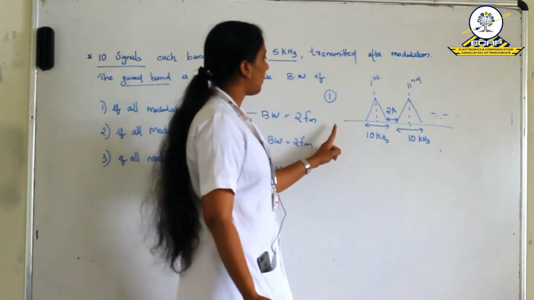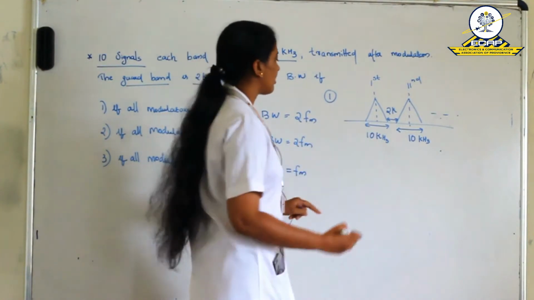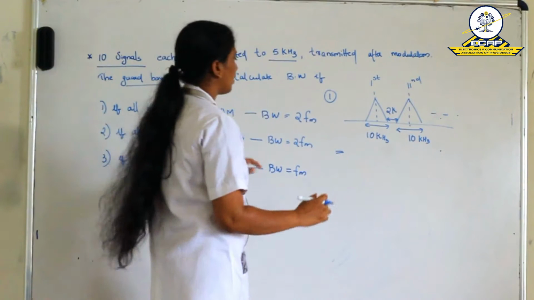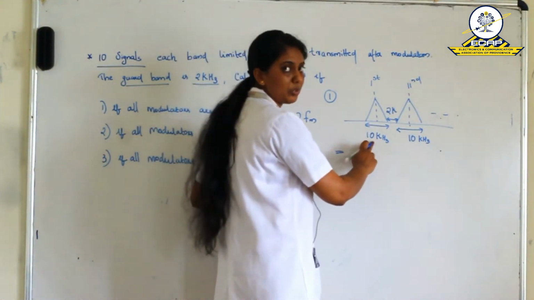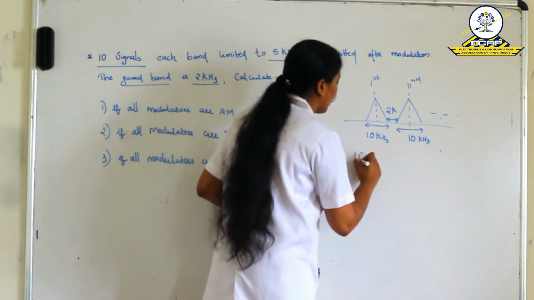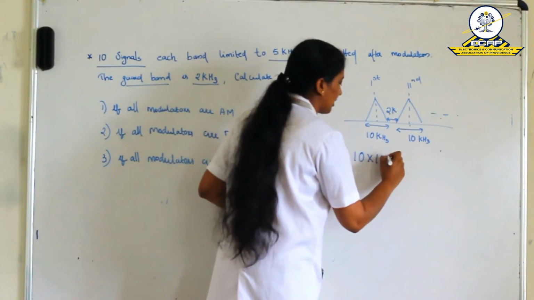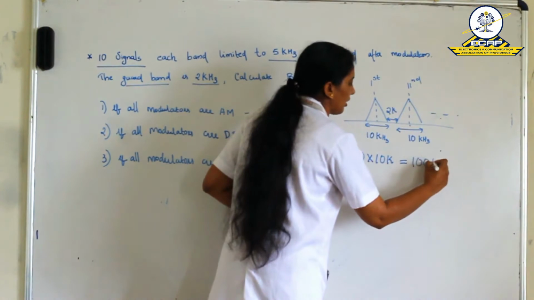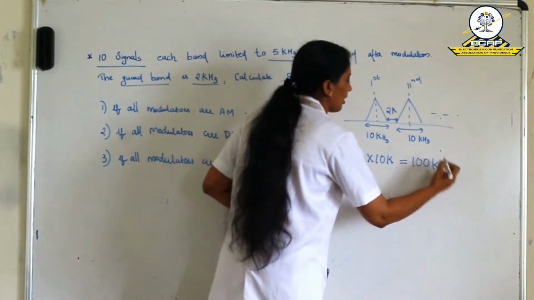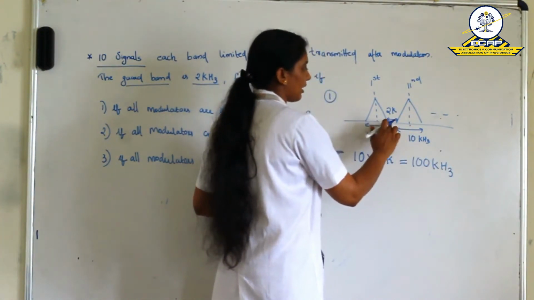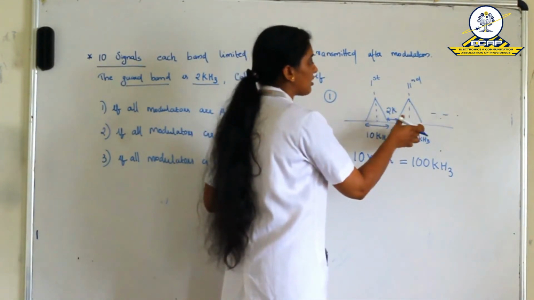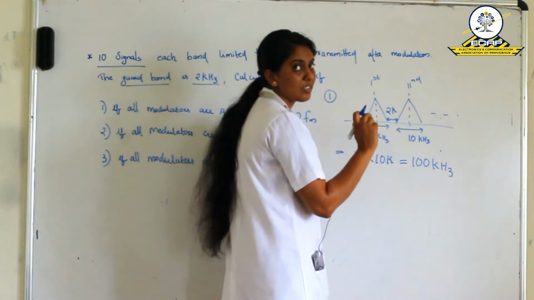So the total bandwidth using AM: here we have 10 signals, and each signal is band limited to 10 kHz. So 10 into 10 kHz is approximately 100 kHz. In between each signal, we are providing a guard band. For 10 signals, the total number of guard bands is 9.